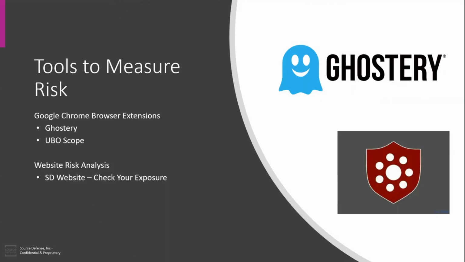We'll start by looking at ways you can measure your risk as a website visitor. Getting an understanding of what third parties are being used on a site may help you understand where your risk level is. There are a couple of tools we can use to get some information on what your risk is while visiting a website. The tools can be installed in your Google Chrome browser and are called Ghostery and UBO Scope.